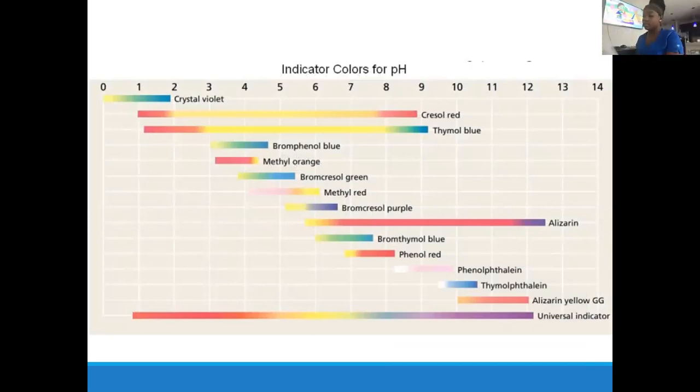If, for example, I have a crystal violet reaction that gives me a blue color, and I have a methyl orange that gives me a red color.